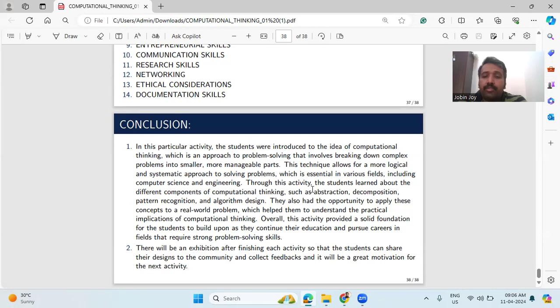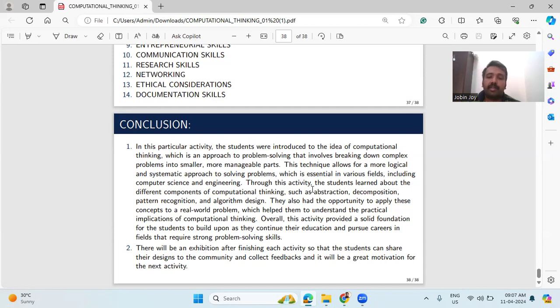They also had the opportunity to apply these concepts to a real world problem. Our 6 design activities are from nature observations. That means we are connecting the classroom to the real world, or the real world to the classroom, which helped them to understand the practical implications of computational thinking.